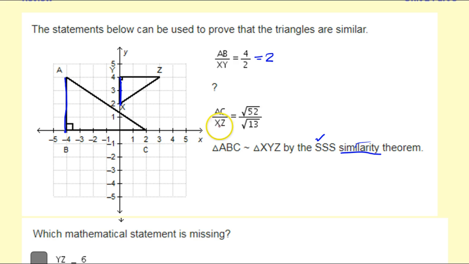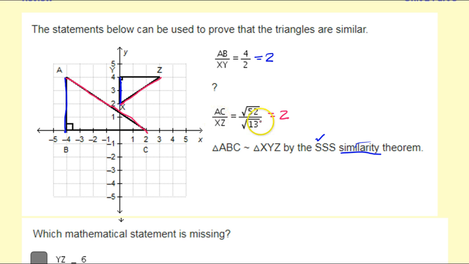AC over XZ. So they're saying AC and XZ are corresponding sides. So you make a fraction out of them, the big one over the small one, just like before, which, by the way, also equals 2. And there you go.